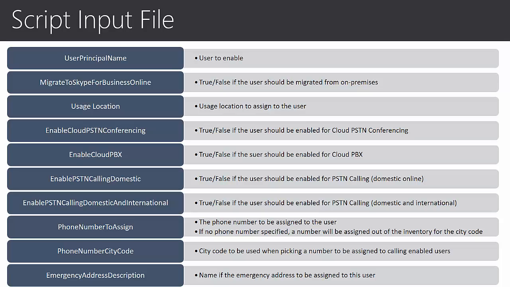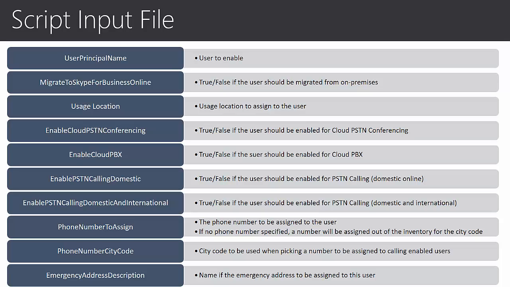At the same time, we also have phone number to assign, and that is if you know the specific phone number that you want to be assigned to a user, or phone number city code. When you are doing PSTN calling, what I will do is if there's a phone number to assign, I will try to assign that phone number.